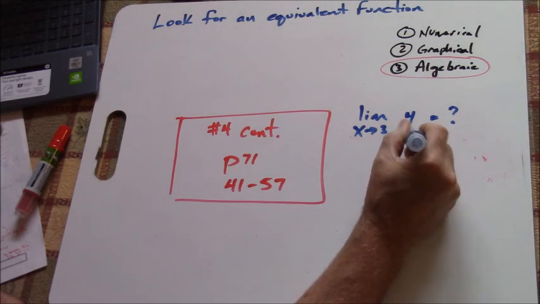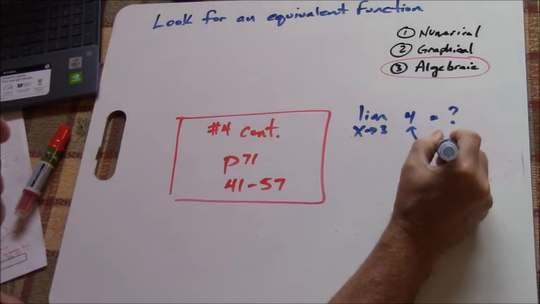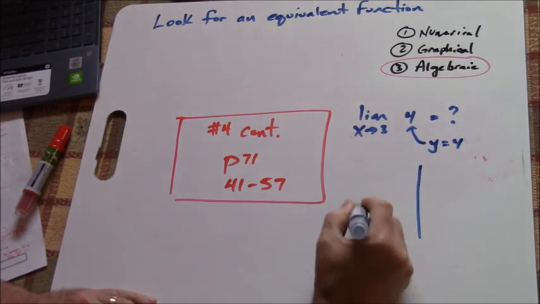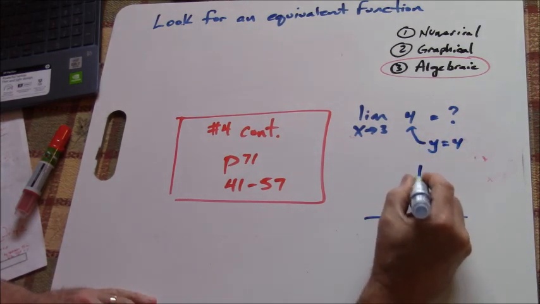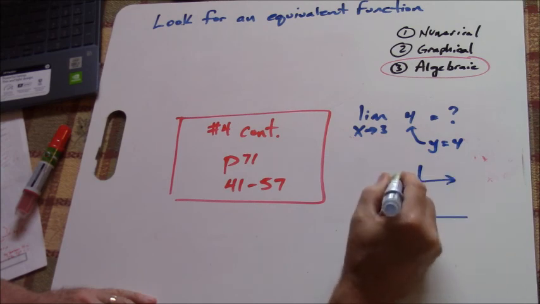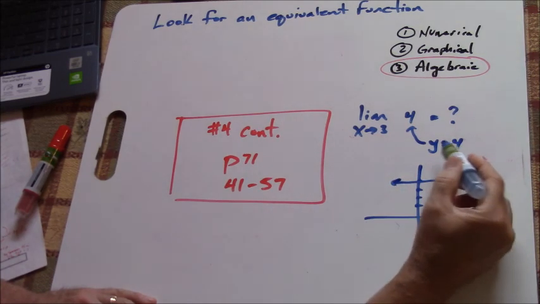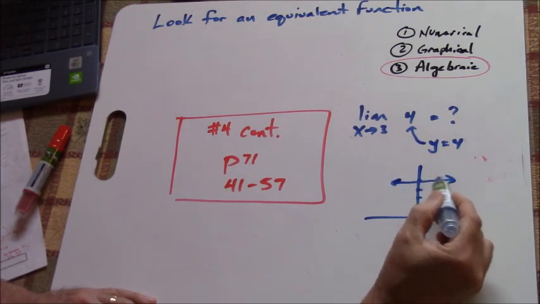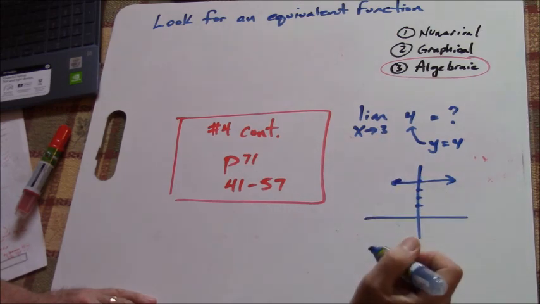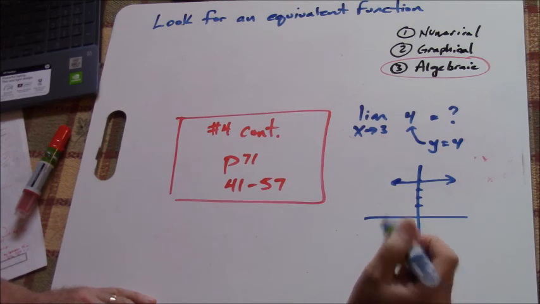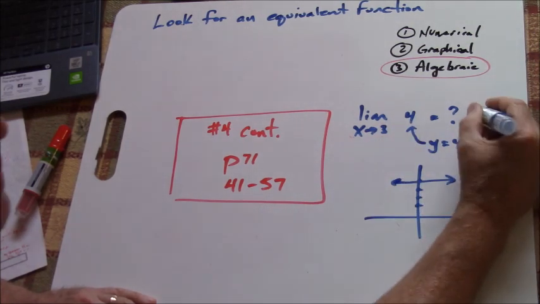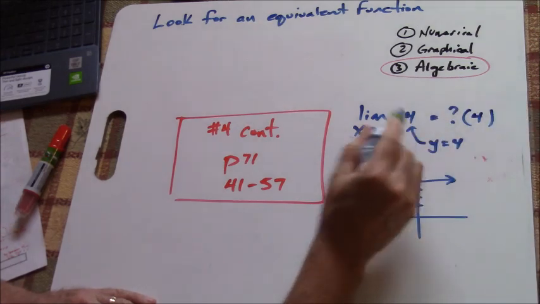Well, remember, this is the equation y equals 4. And what does that look like? 1, 2, 3, 4, there it is. It's just a horizontal line. What are your y values getting close to along this line as x gets close to 3 from both directions? Well, they're not just getting close to 4, they're always 4, right? If there's no place to plug a number in, then the answer is just whatever's written there.